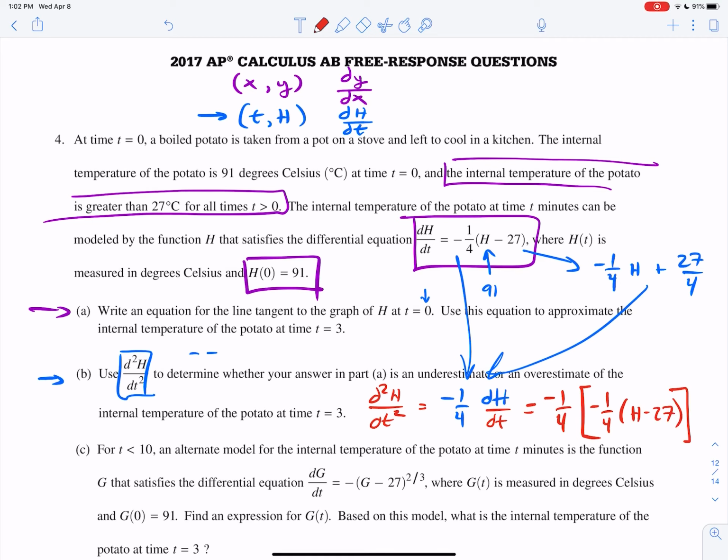So how do you know whether the estimate is over or under approximating? You're going to plug in h when t equals 3. When you estimated it, and I'm going to go back to the scoring guidelines here, the estimate was 43 degrees when t was 3. So we're going to plug in 43 here.